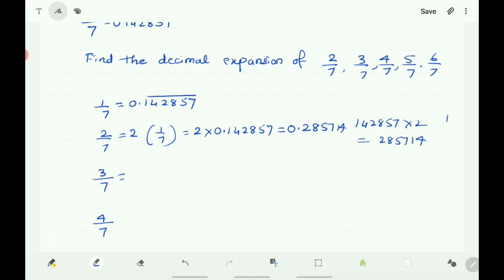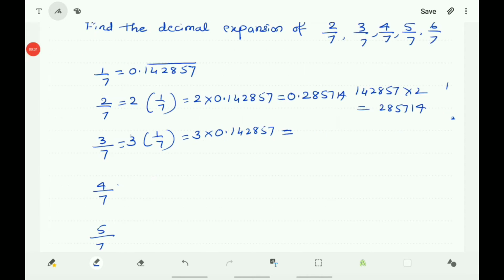It is a double of 142857. Again 3 by 7 is equals to 3 into 1 by 7. It is 3 into 0.142857. You multiply 142857 by 3, and you know that 7 3s are 21, 2 carrying, and 5 3s are 15 plus 2, 17, and 8 3s are 24 plus 1, 25, 3 2s are 6 plus 2, 8, and 1 4 3s are 42.